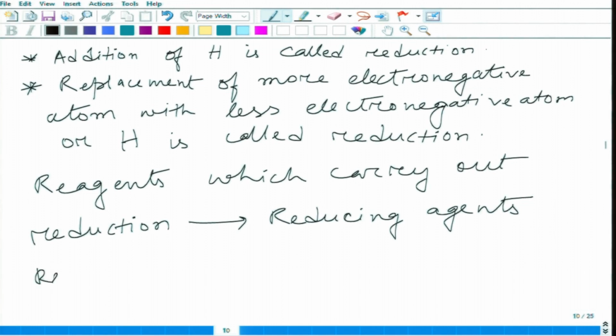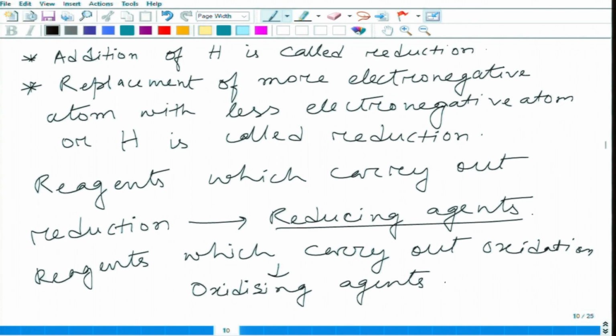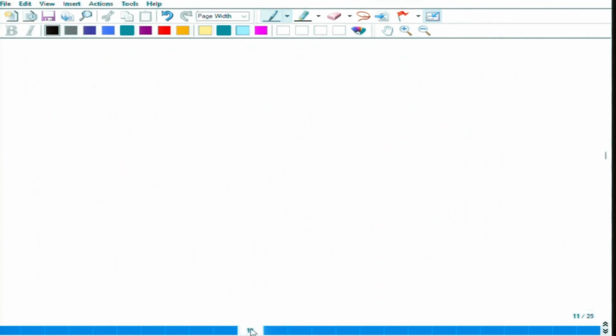Similarly, reagents which carry out oxidation are called oxidizing agents. Right. So, what are the different types of reducing agents? There are various common reducing agents. So, we will read some common reducing agents.